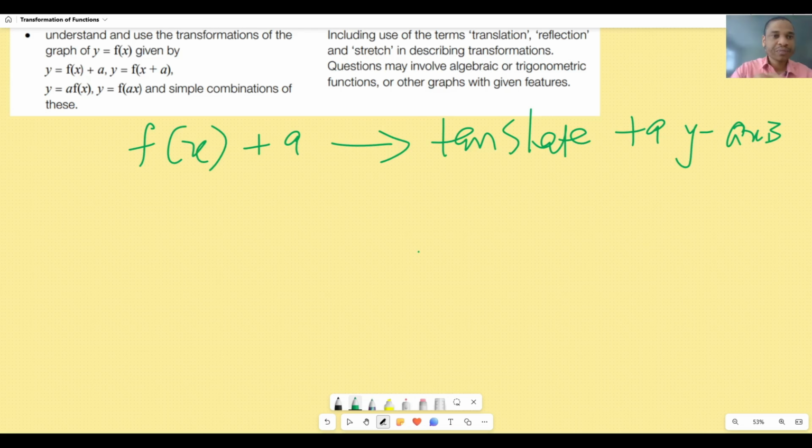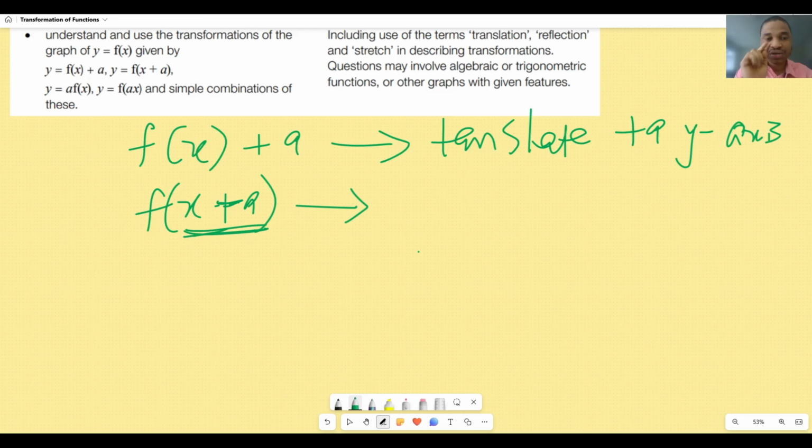Then if I have f of x plus a in the bracket, there's a trick here. This simply means I'm translating in the x direction by minus a. Always take this as you're equating the bracket to 0, so x will be minus a.